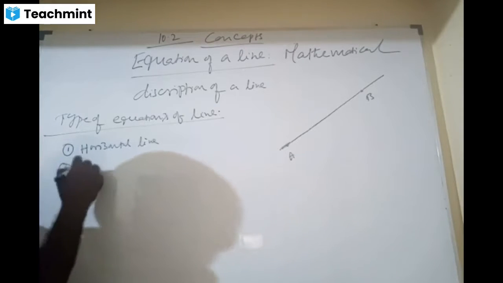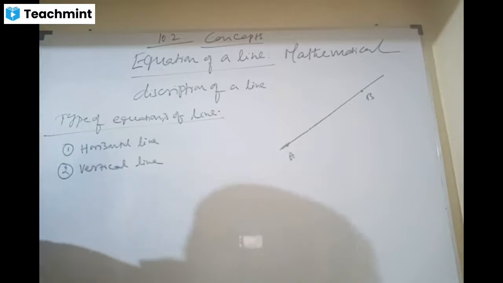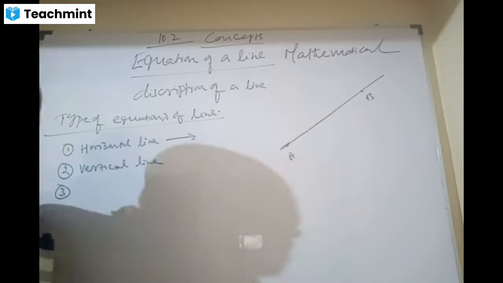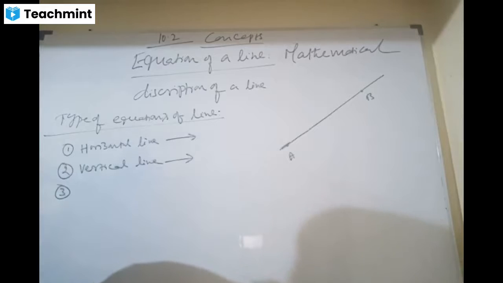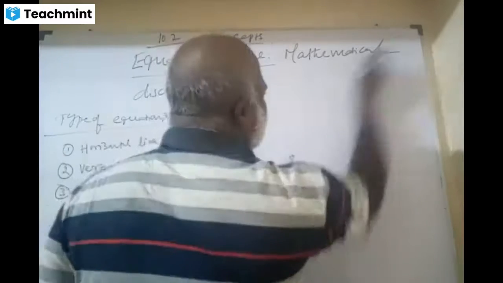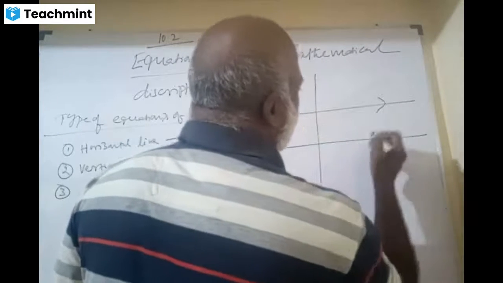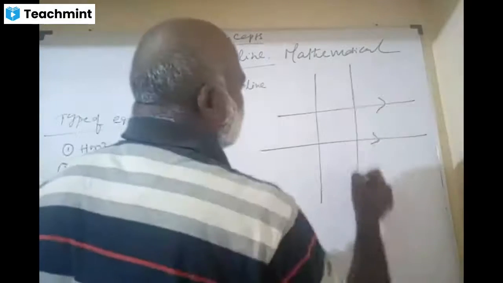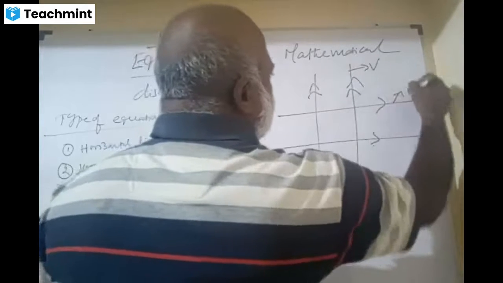Next is called the vertical line. Any line parallel to the x-axis is called a horizontal line. Any line parallel to the y-axis is called a vertical line. This is a vertical line and this is a horizontal line.